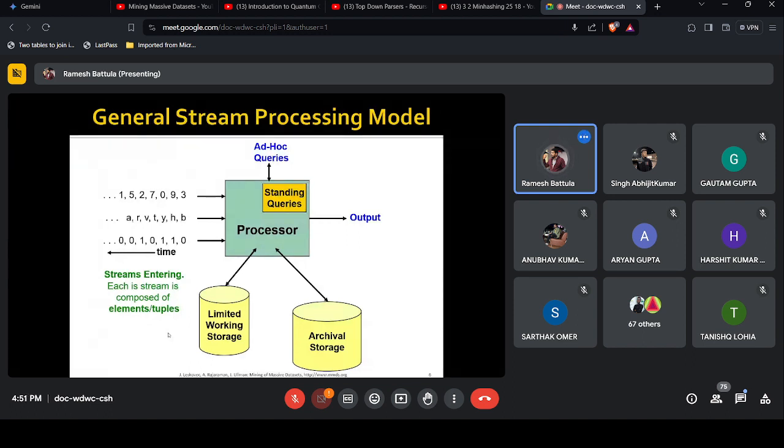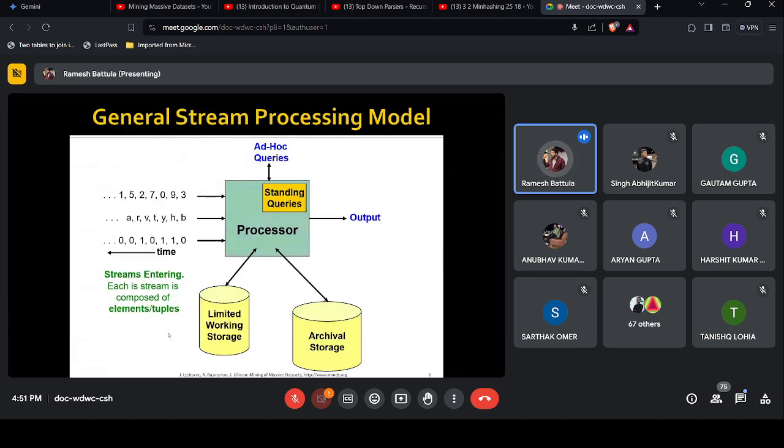You have several inputs as a stream is entered into your processor. The processor receives the data. To process the received information, it needs to maintain some standard queries, like select this, that, statements like that.